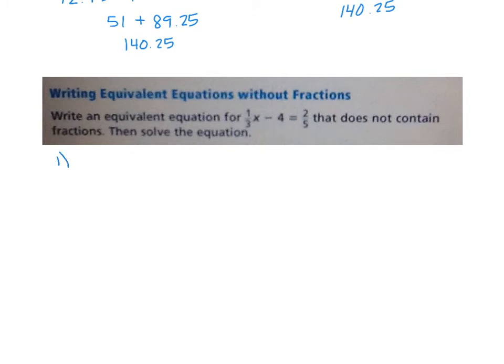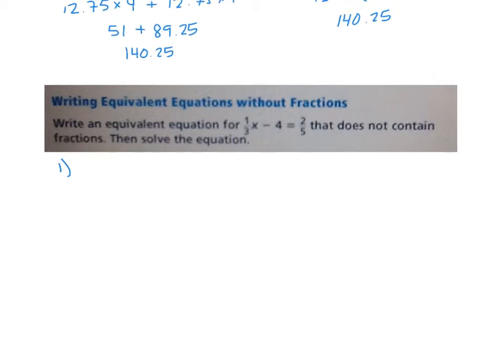Number 1, find the common denominator, and in this case your denominators are 3 and 5. Okay, so we have to find the common denominator of 3 and 5.